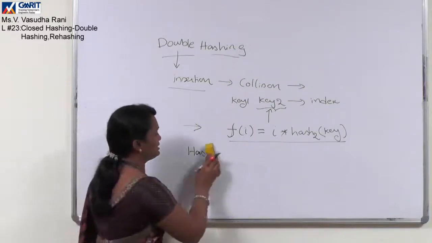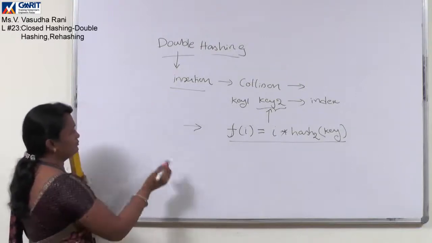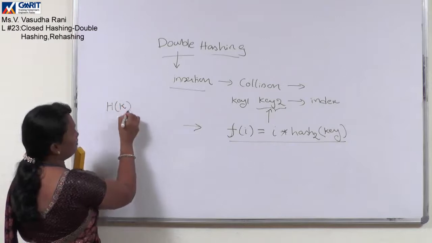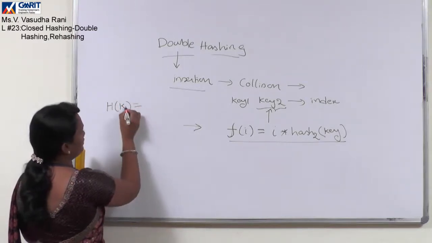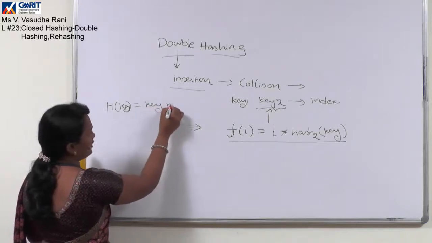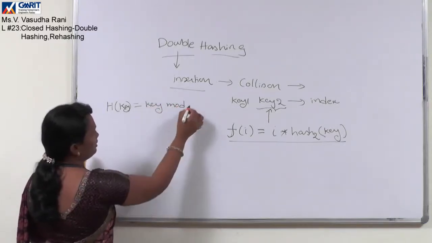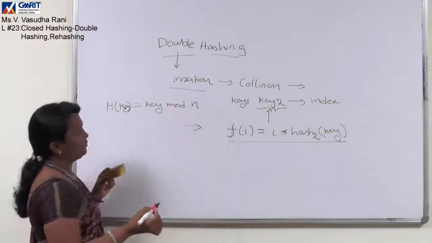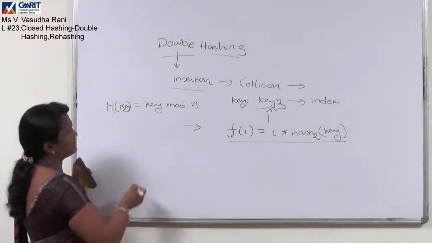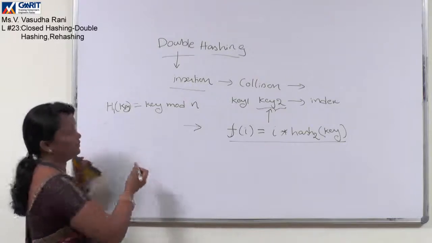Let us take an example. Our first hash function is h of k, and assume it is modulo arithmetic: key mod n, where n is the table size. This is our first hash function, h1 of key.